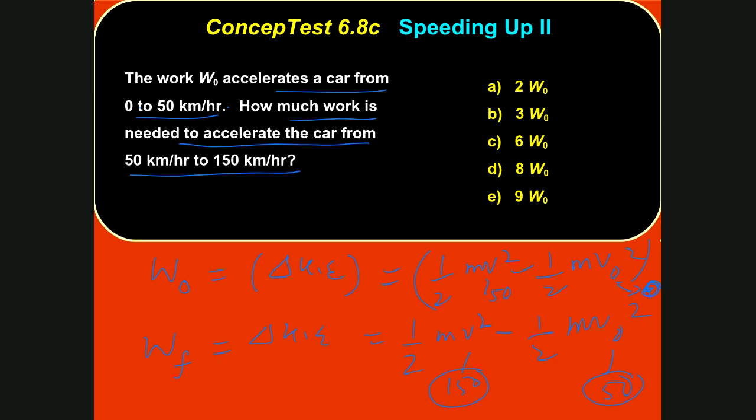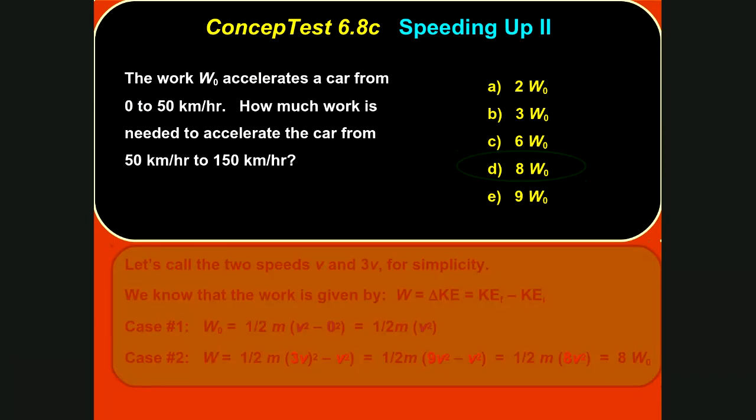So he's asking how much work is needed to accelerate the car from 50 to 150 kilometers per hour. I guess it should be 3 times the initial work, because if I consider this as 50 joules and this as 150 joules, assuming mass is equal to 1 kg, the proportion is about 3 times that of the initial work.